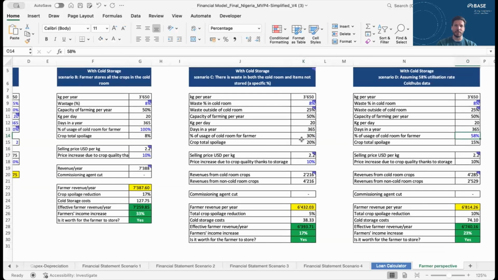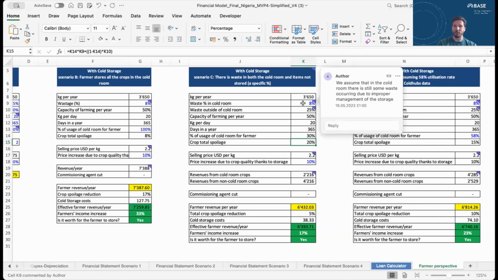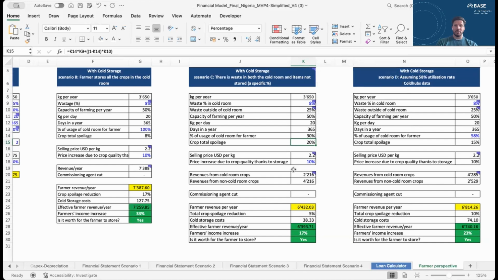Now, in this scenario here, you will see that there's a formula that assumes the total crop spoilage between what is not being stored in the cold room and what is being stored in the cold room, assuming still 8% spoilage for the crops that are stored in the cold room. And all other parameters are the same.